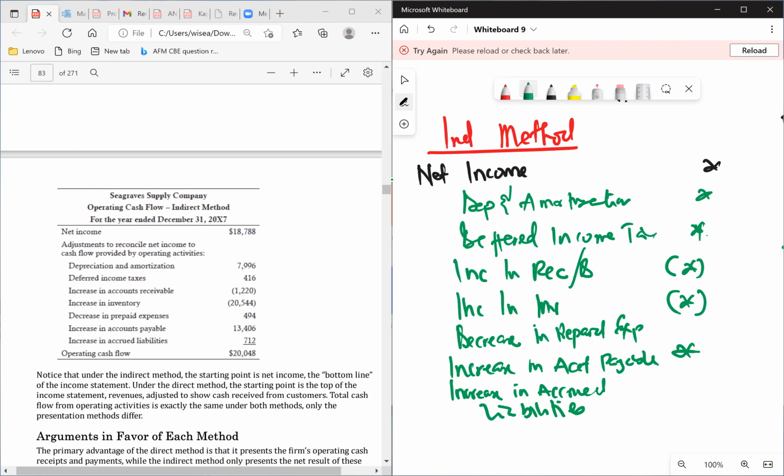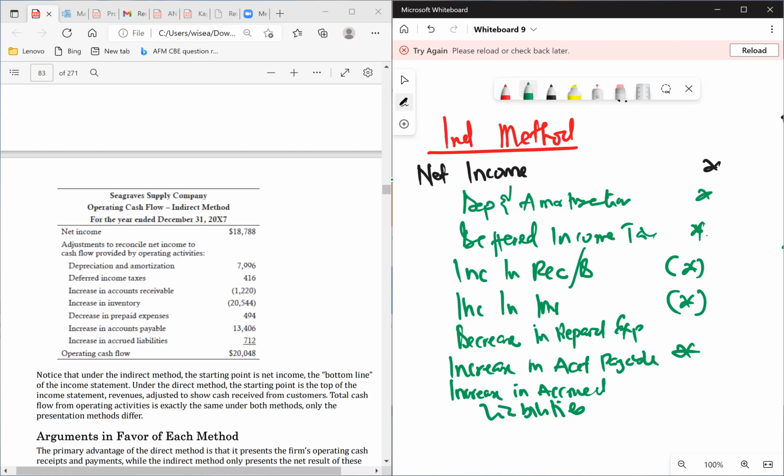But based on accrual accounting, you would have accrued for it as a current liability in your account. Any increase in this accrued liability means that cash is staying with you, and therefore it's a plus. Any decrease in the accrued liabilities means that you are paying out cash, and therefore your cash from operating activities will reduce.